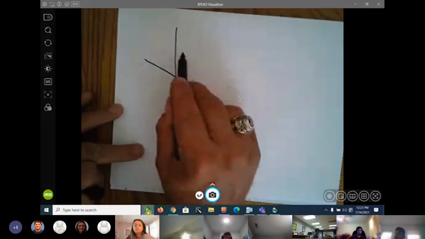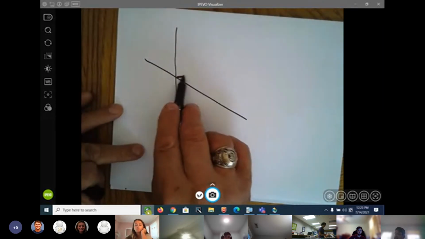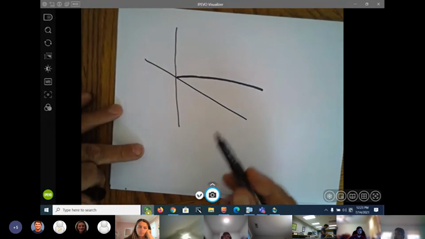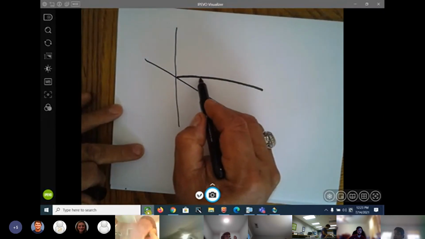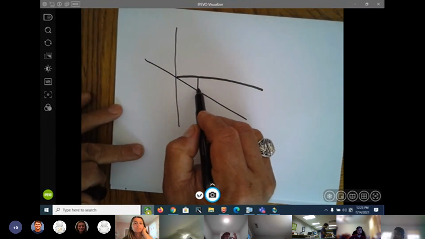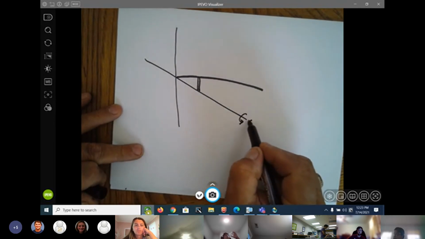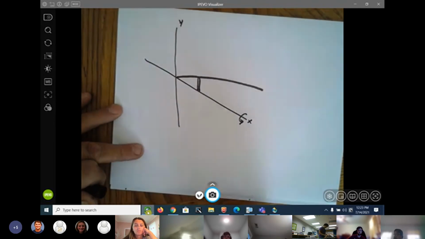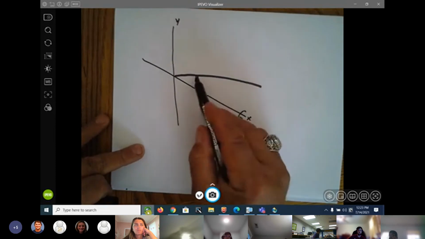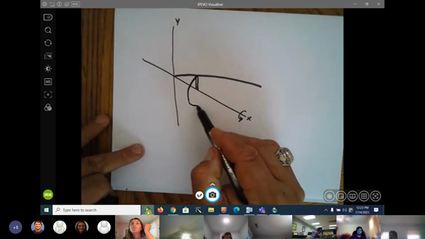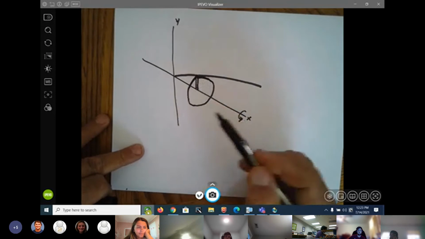So if I give you a function, and let's say that function looks like that, and I rotate it around the x-axis, then it's going to take on the effect of a disk.